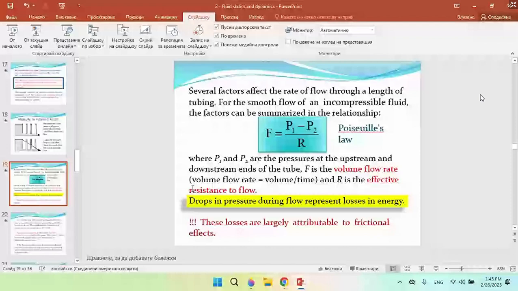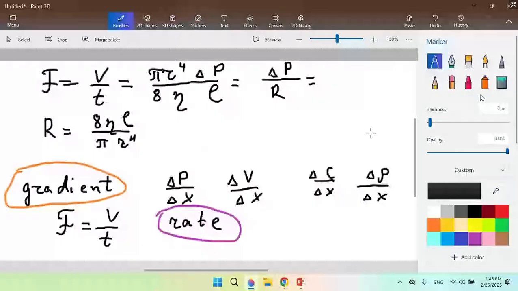P, it doesn't matter whether 1 or 2, you'll decide, but it must be the bigger upstream pressure minus downstream pressure.